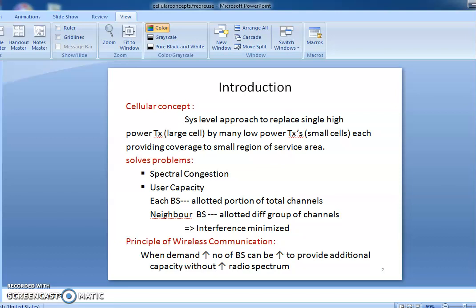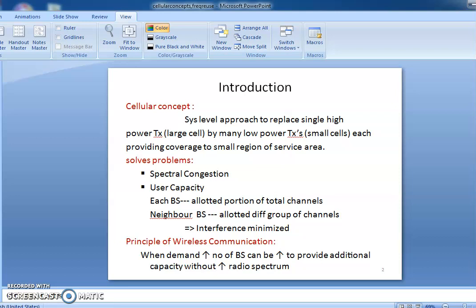So why are we doing this? It solves two problems, spectral congestion as well as user capacity. As the number of users increases, you will need to provide more frequencies. Another thing is, if a larger cell is used and a single transmitter is placed, all the frequencies will be allotted to the single transmitter, and it will be allocating the frequencies throughout the entire geographical region.